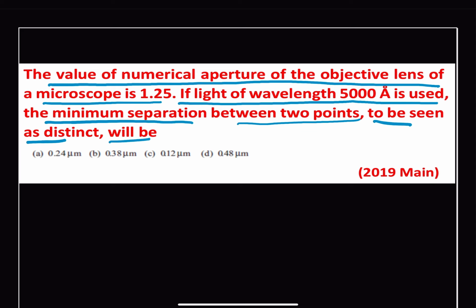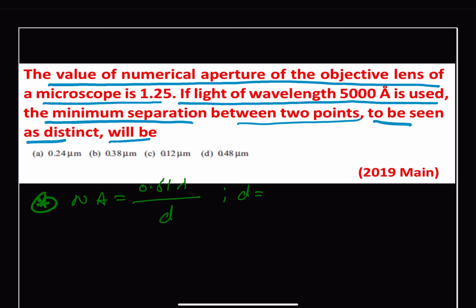So here this is directly based on the formula, and we know the formula for the numerical aperture. We can say our numerical aperture is given as 0.61 lambda divided by d, and here this d is the minimum separation between the 2 points to be seen as distinct. This we are supposed to find out.